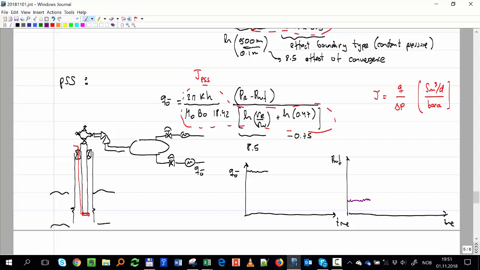Now I go to the field, make a test. That's one point. Now they say, well, make another rate. So they lower the rate, and they measure the rate. And they do that by choking the well. And that will give you another PWF.